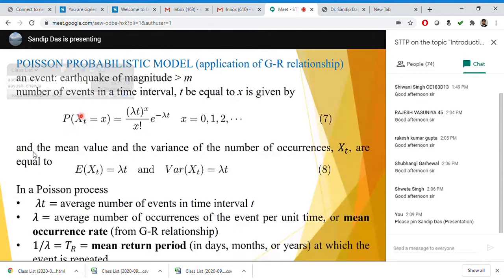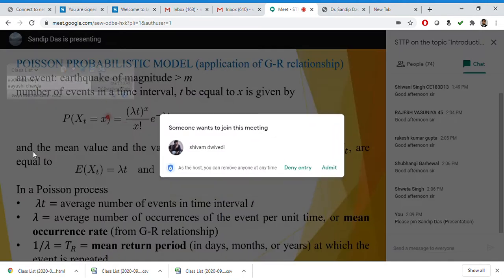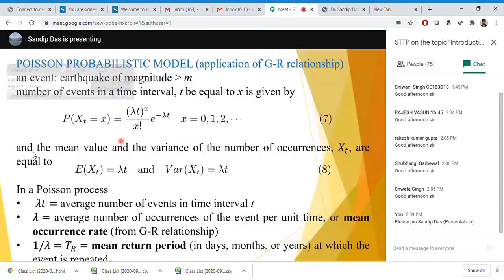Here we need to define how we are going to assign some probability structure for the number of events. The Poisson probabilistic model is found to be most suitable for most of the cases. It is not the only option, but it is widely accepted because of its simplicity and also because of some physical nature of the earthquake process itself.